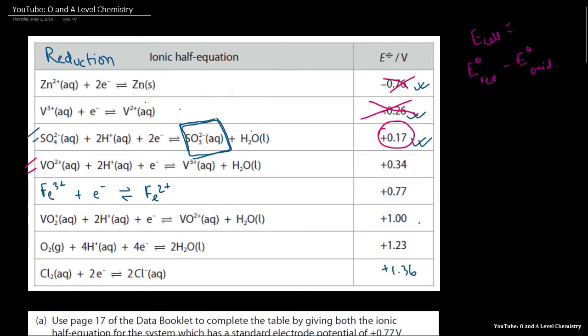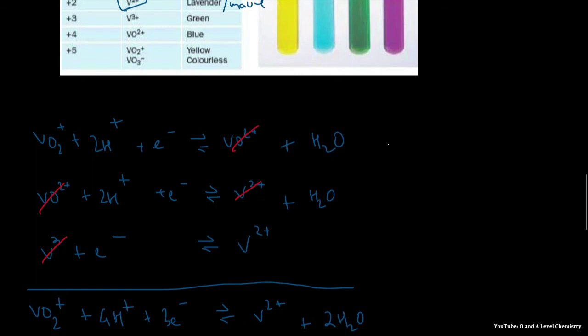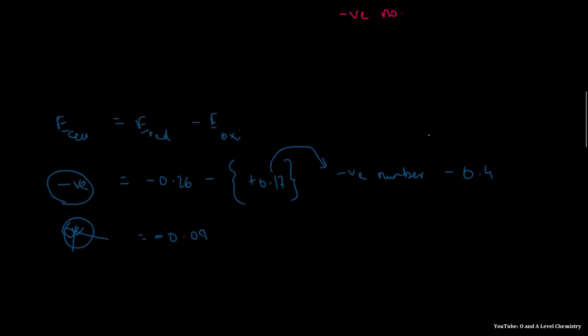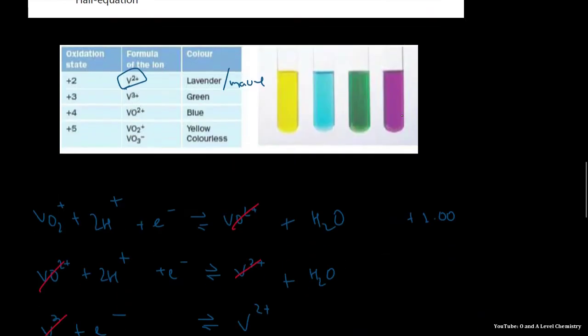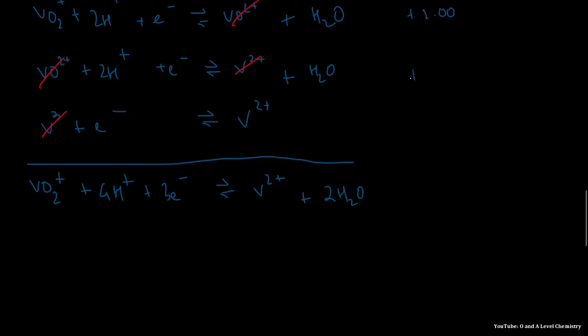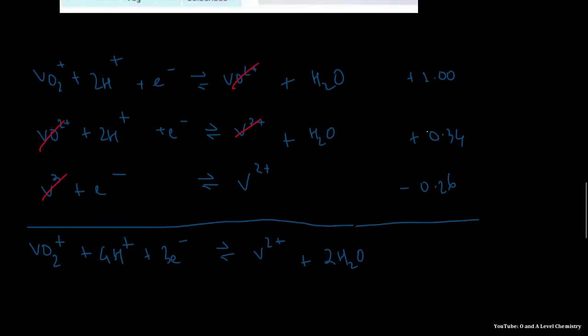For this equation, we can also add the E values. For the first one, it was +1. For the second one, it was 0.34 and then -0.26. So the E value for the overall equation is just the summation of these.